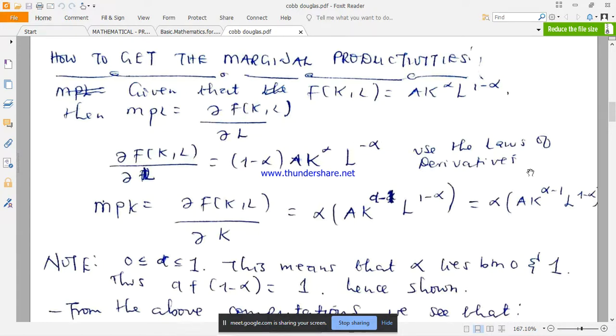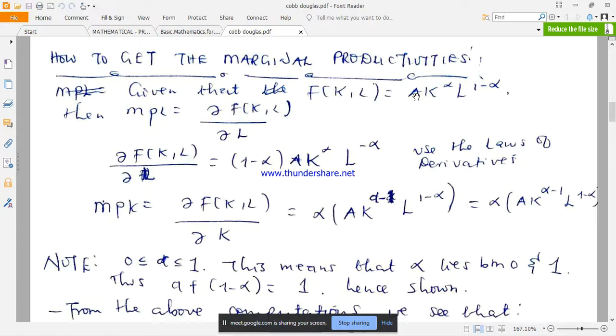So we should use the laws of derivatives. This is just the simplest of all the equations we can find under calculus differentiation. The simplest is the Cobb-Douglas, because as we progress, we're going to start looking at the Leontief production function, which is a bit complicated because we will be asked to find the minimum point of a function.